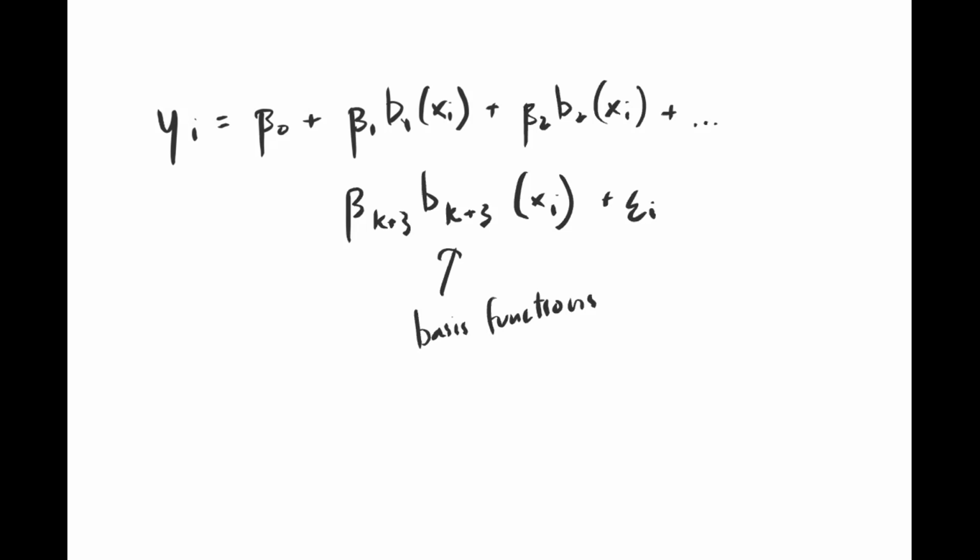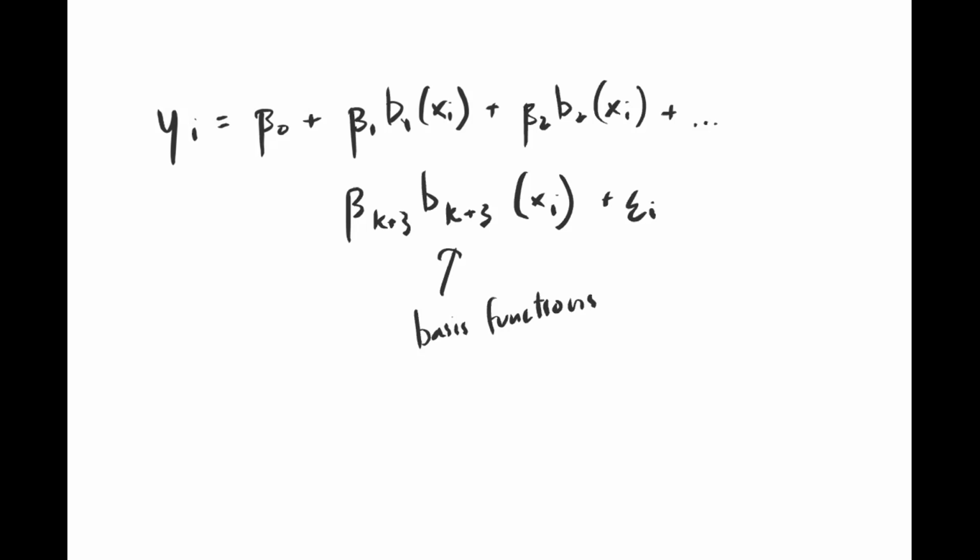But essentially, when you have knots, you have a number of parameters where it's the number of polynomials that you have plus the number of knots.